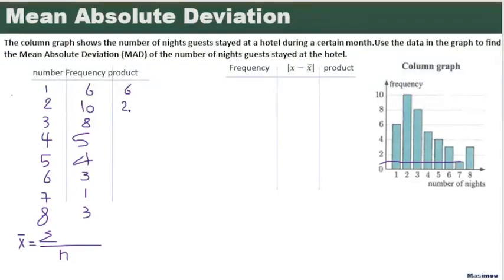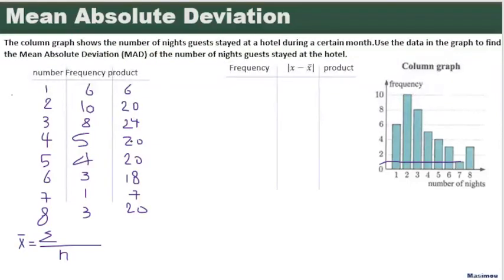So 20 here, and 8 times 3 gives me 24. Then 20, 18, and 7 here, and 24.